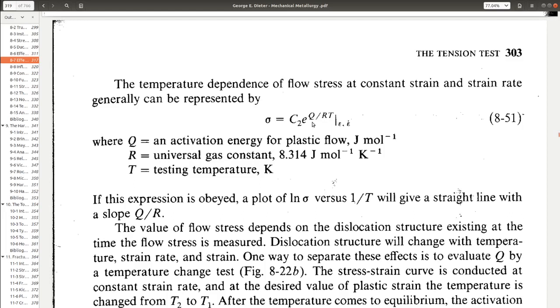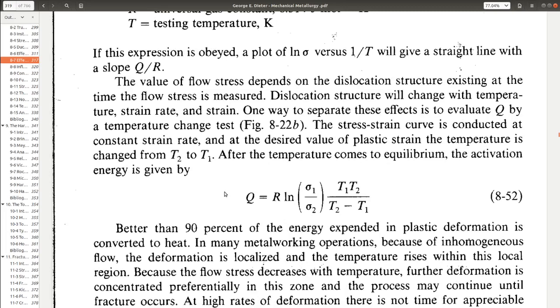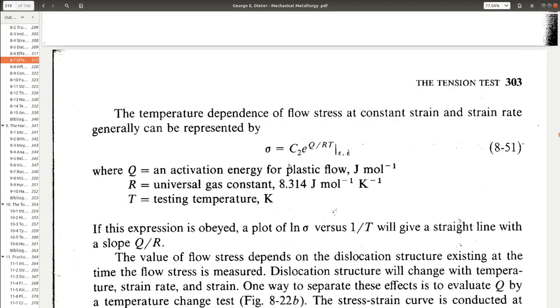Okay, and to calculate Q, for example, if sigma 1 is given for a corresponding T1 and sigma 2 is given for a corresponding T2, from that information we'll be able to calculate Q using this formula. Okay, so once I calculate Q, it's very easy to calculate C2.